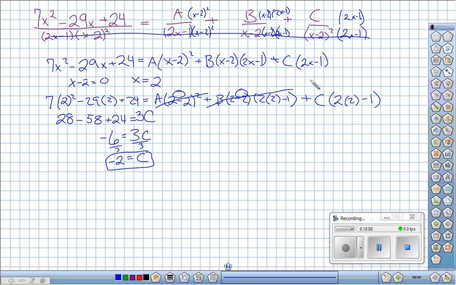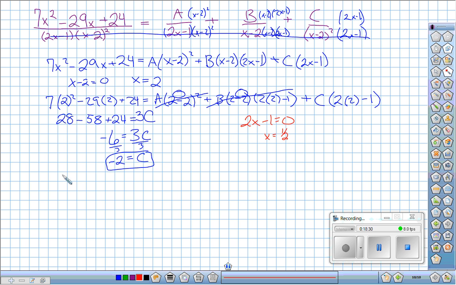So my other factor was 2x minus 1. So I have 2x minus 1 equals 0. That's going to give me x equals positive 1 over 2 when I add 1 to the other side and then divide by 2. So I'm going to plug that in.